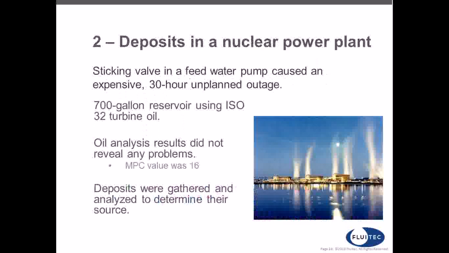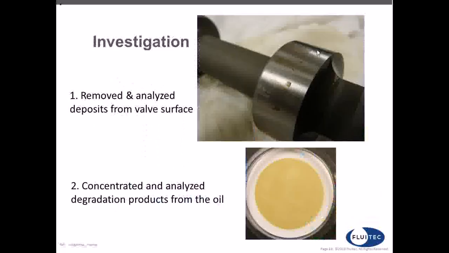We were able to remove and analyze the deposit from the valve surface. You can see that by the time we got the valve, there was just a very small amount of varnish that hadn't rubbed off, but we were able to extract and analyze that.